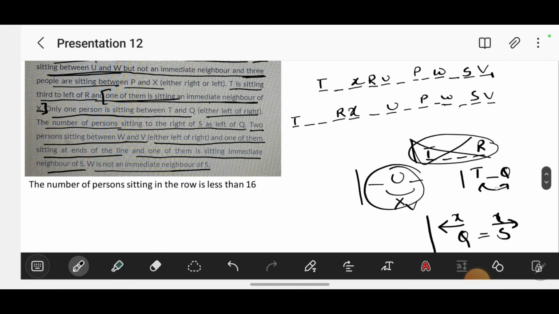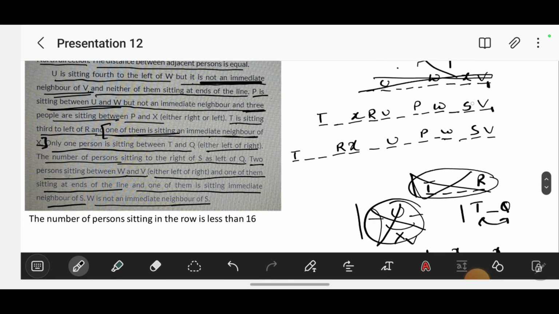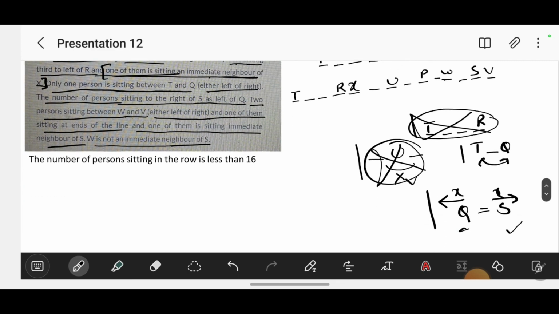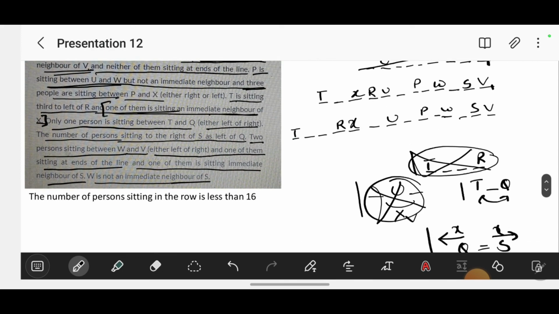Next, in between T and Q there is only one person. This also happens. Now the number of persons sitting to the left of Q is equal to the number of persons sitting to the right of S. If you see this, to the right of S there is only one person, so to the left of Q also there should be only one person. In this case, in between T and Q only one person, you can't put Q here, so you have only one chance, Q here.